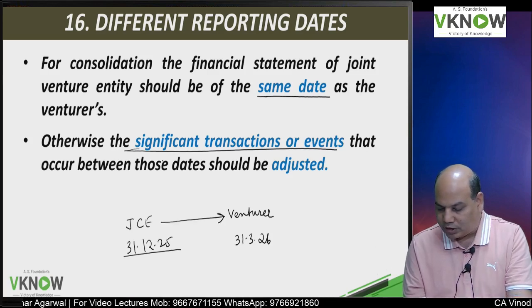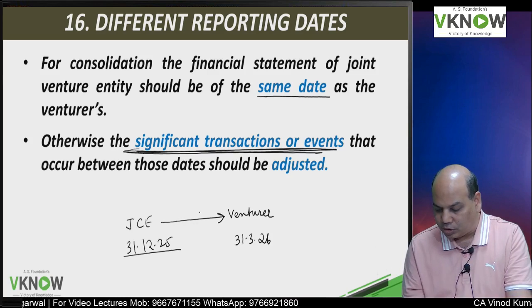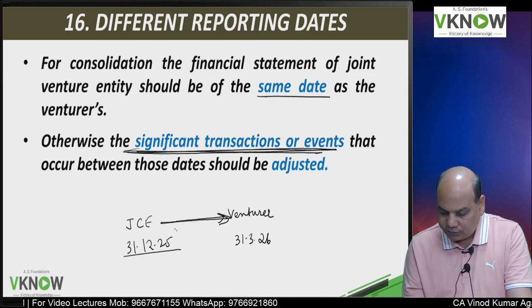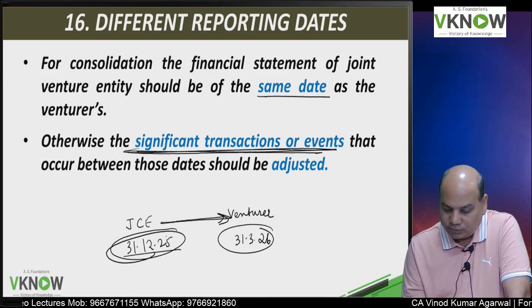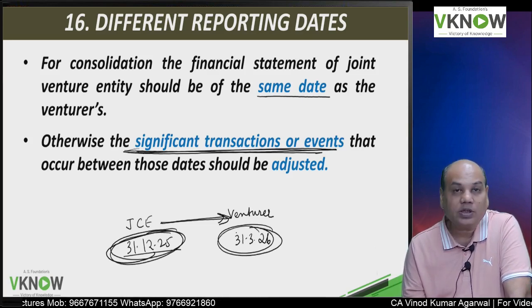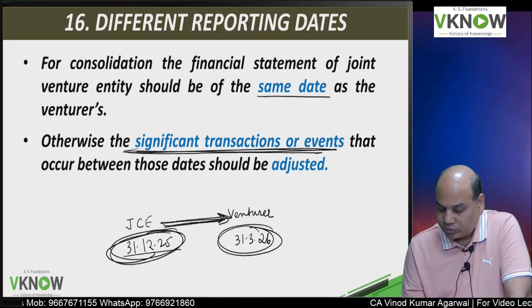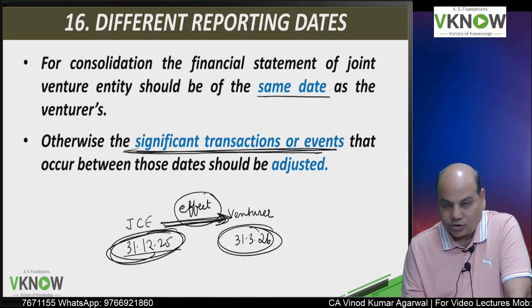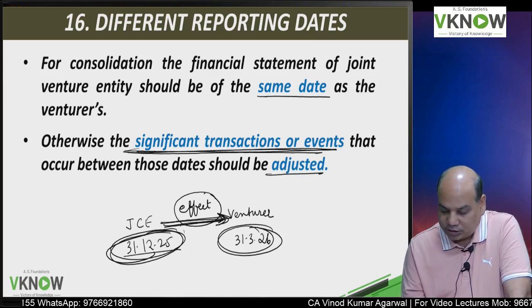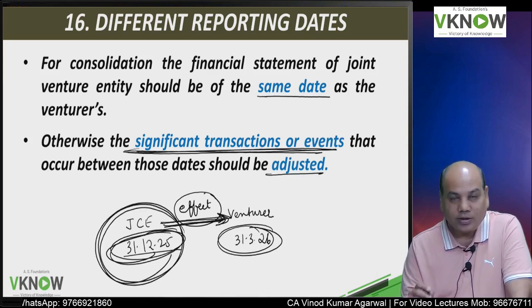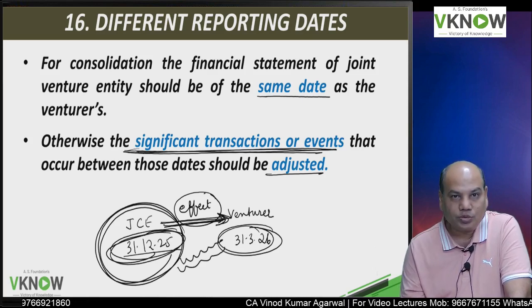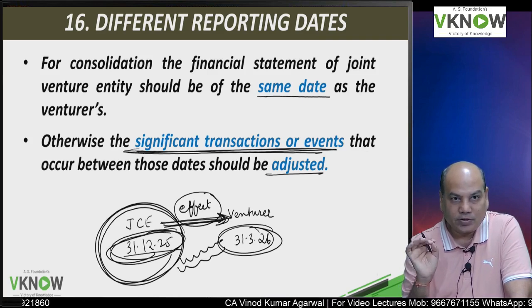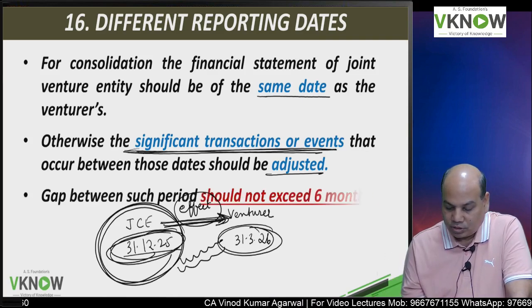They will give the effect of significant events or transactions. If there are significant events or transactions which have taken place between 31st December 25 and 31st March 26, they will give the effect of them. That means take this balance sheet and whatever significant transactions have taken place between these two dates, you will give the adjustment effect, plus or minus.